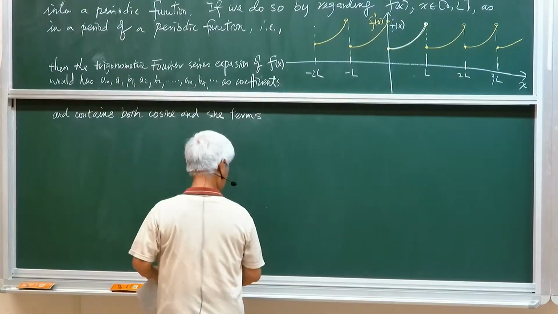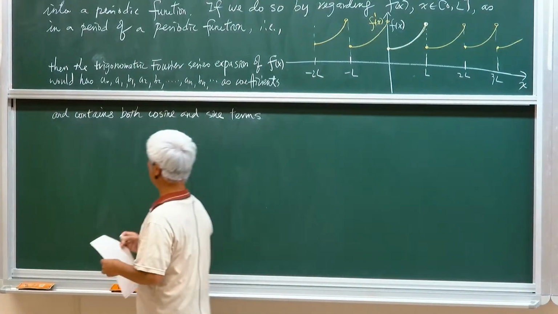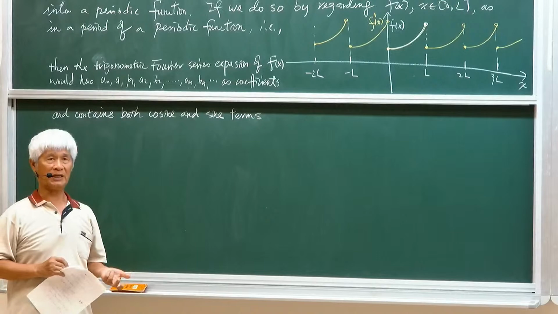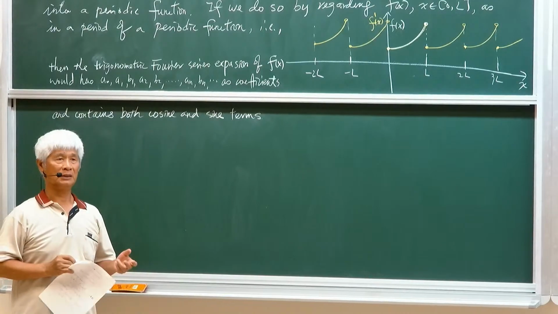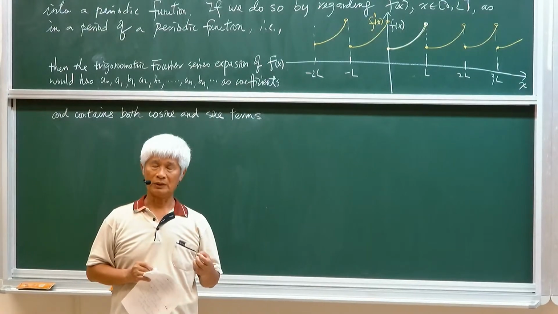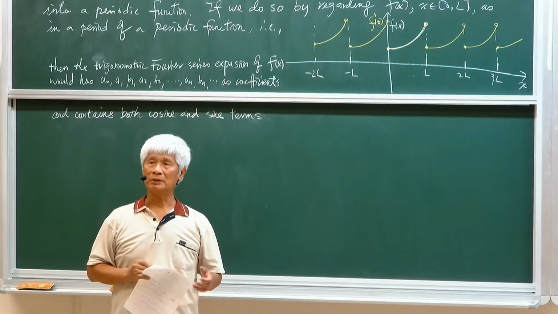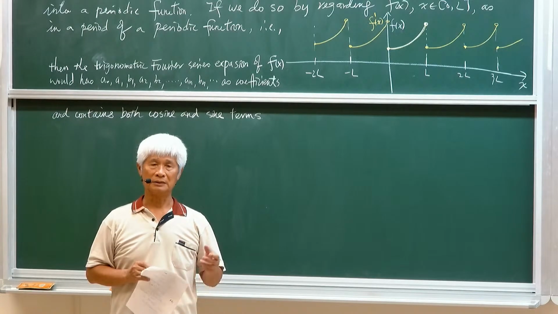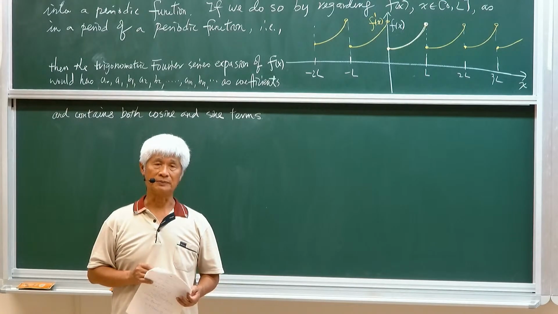But actually, we consider two special cases in this section. The first case is that the periodic function is even. In this case, the trigonometric Fourier series expansion contains only the cosine terms.